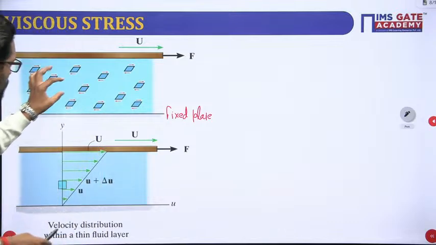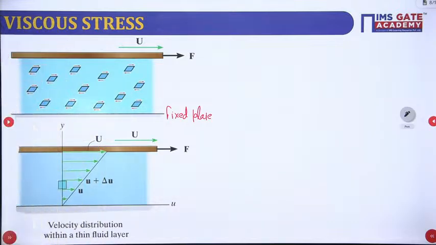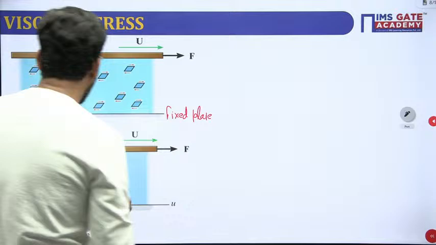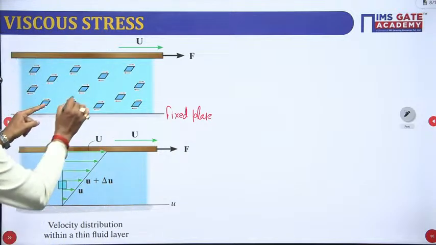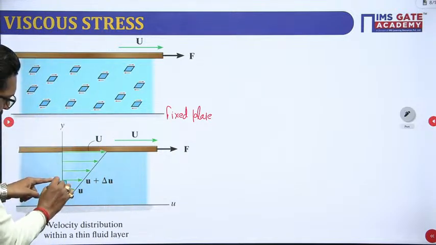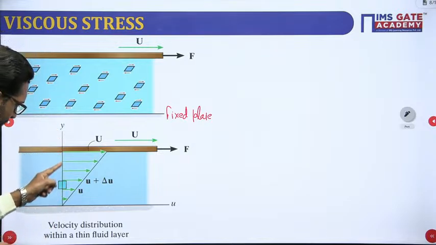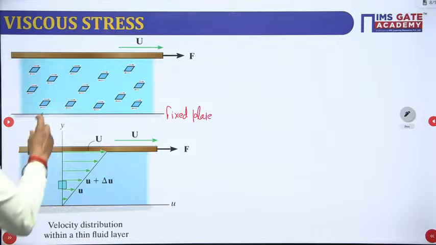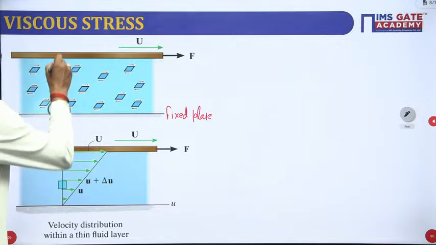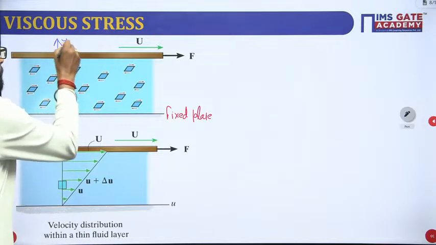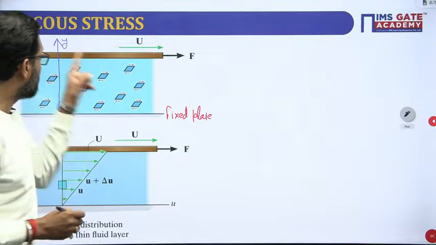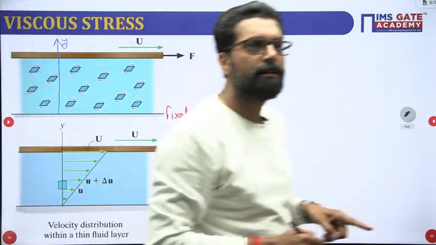Let's suppose you take one chunk of the fluid, and this is your element. So this element is not in a deformed shape. This is the axis; let's suppose you measure the y-axis from the fixed plate. One thing is very important: this y coordinate is a fixed coordinate.